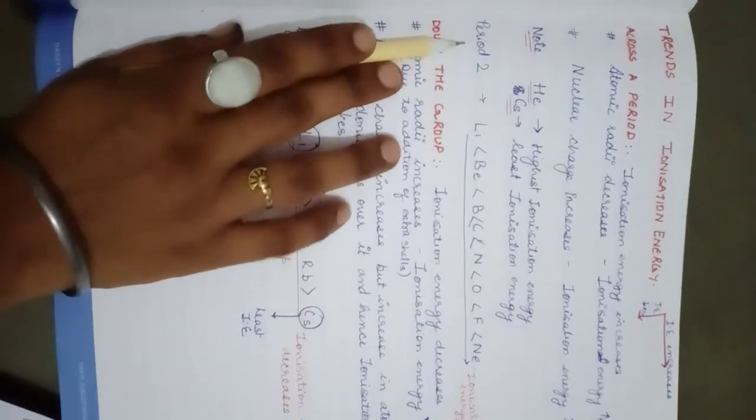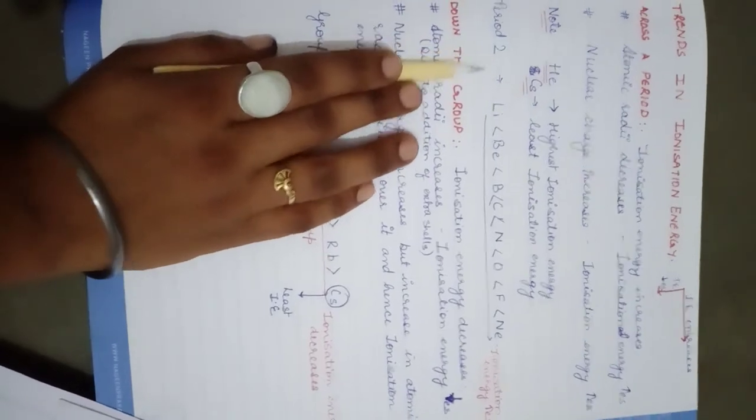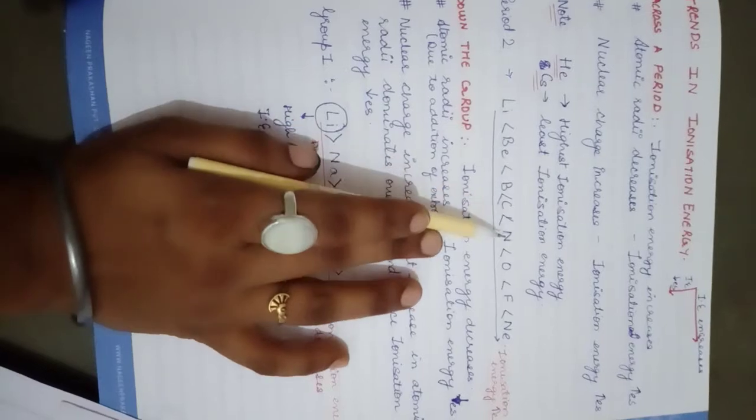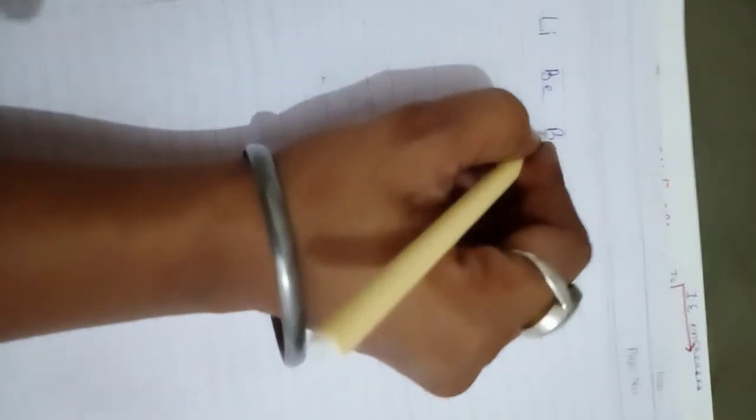For this I have given one example, period 2 elements. I have considered period 2 elements. When we see lithium, beryllium, boron, carbon, nitrogen, oxygen, fluorine and neon. Let us see here. Okay, I am again writing here lithium, beryllium, boron, carbon, nitrogen, oxygen, fluorine and neon.